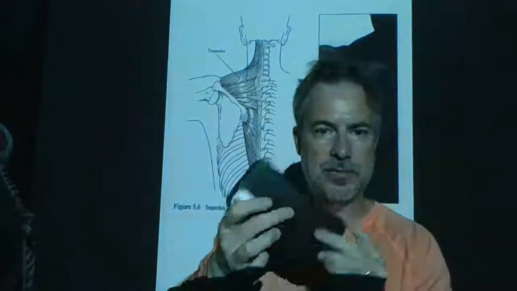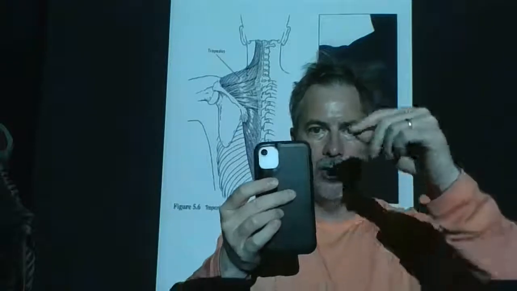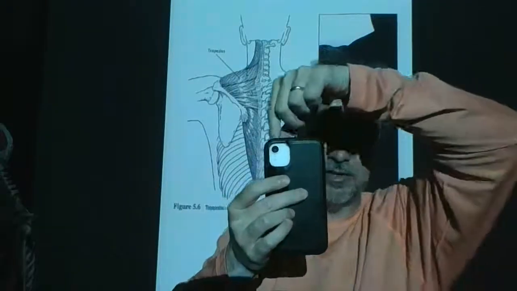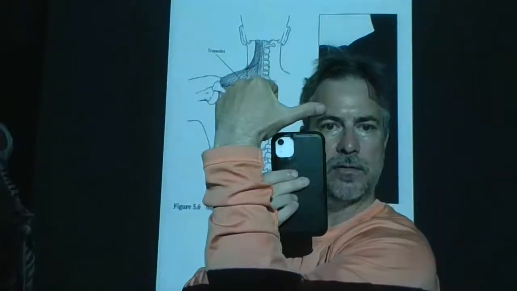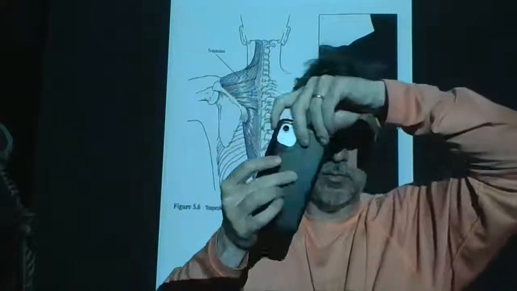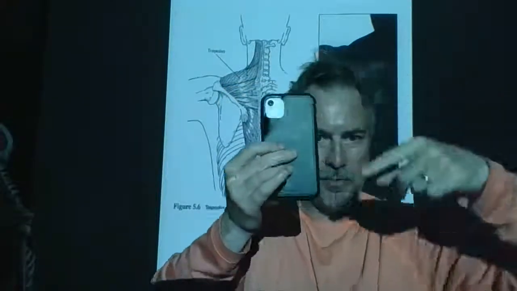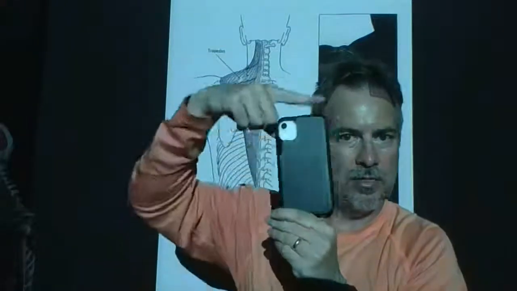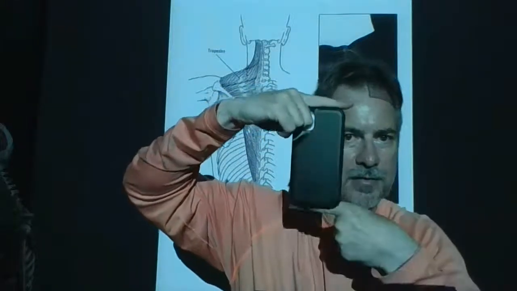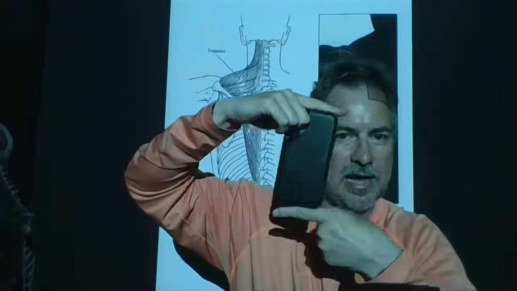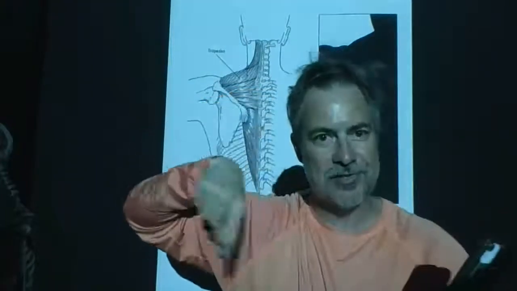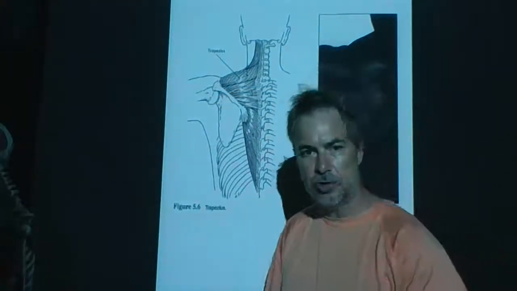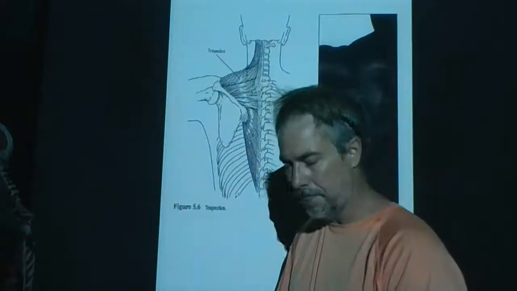If you were, let's pretend this was a merry-go-round, you'd want one person on this end of the merry-go-round pulling this way to make the merry-go-round rotate like this, but the person on the other side of the merry-go-round wants to pull that way. This direction of pull plus that direction of pull is going to actually create the same rotation, same spin. Okay, the torque, the rotation will be the same.